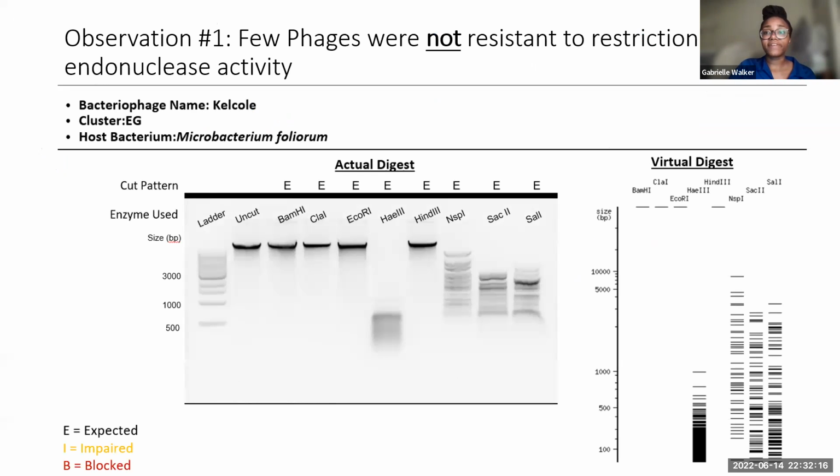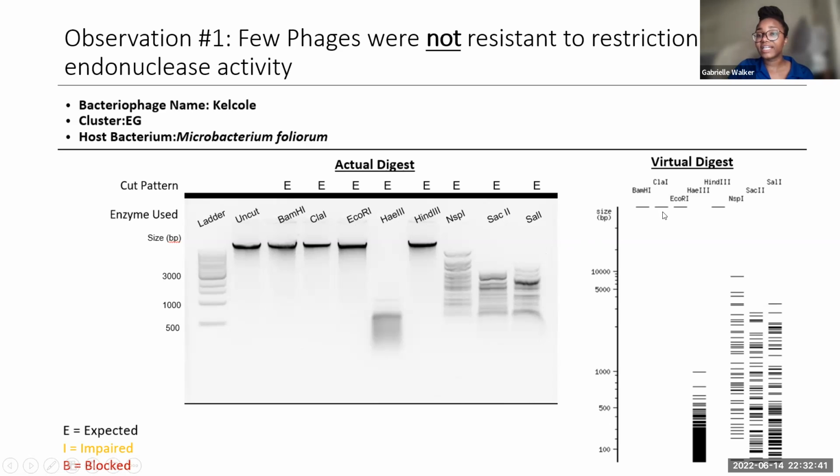Our first observation was that a few phages were not resistant to restriction endonuclease activity. This is phage Calcol, a part of the EG cluster. On the actual digest, you have your 1 kb ladder to serve as reference for us, and the uncut lane that served as a control. And then across the digest, you have your restriction enzymes.